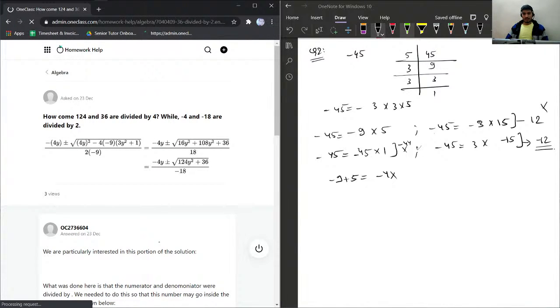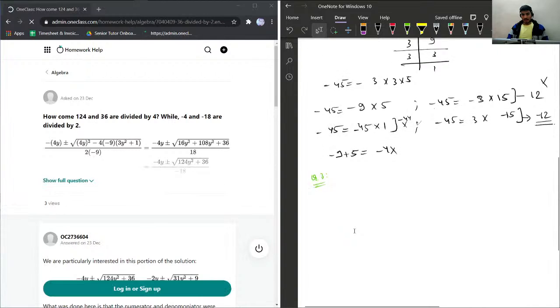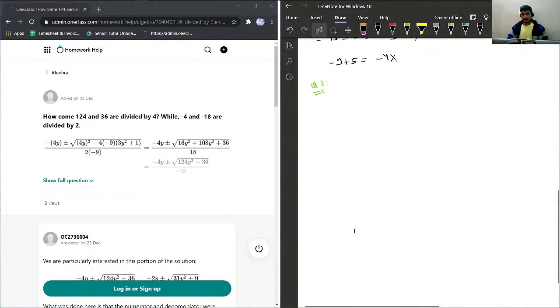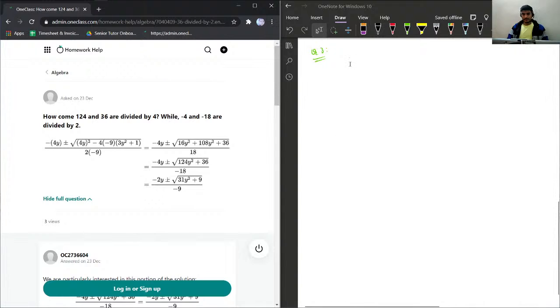For the third question, I'll use this green pen, and I will just scroll this down and expand this. So how come 124 and 36 are divided by 4 while negative 4 and negative 18 are divided by 2?